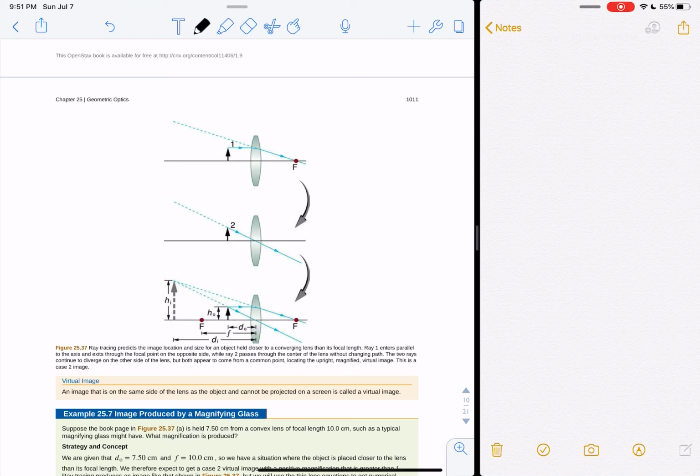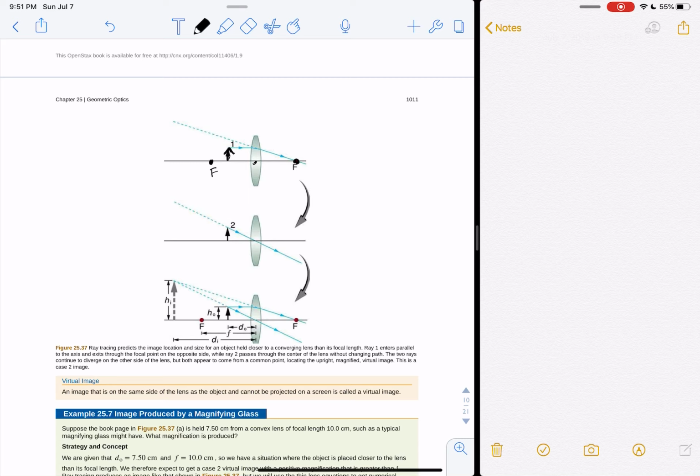now, so I think this one is if your object that you're looking at is within the focal point. This focal point is that far away, which means it's over here, about there on this side of the image, or on that side of the lens, which means our object is in between the focal point and the lens.